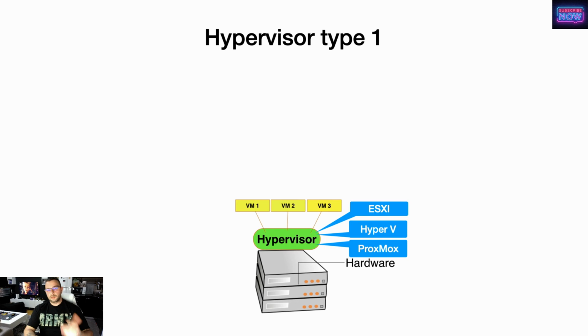So the most popular type 1 hypervisors are, of course, VMware ESXi, which is I think the most popular. Then we have Hyper-V. I have to mention that both ESXi and Hyper-V are free to use, so you can use them with the free license.